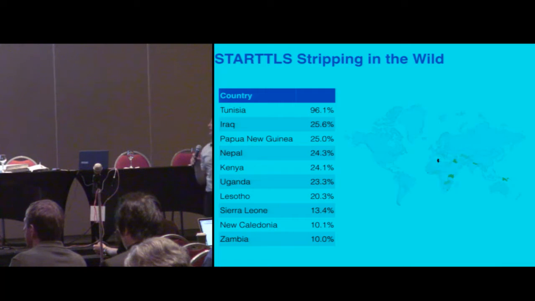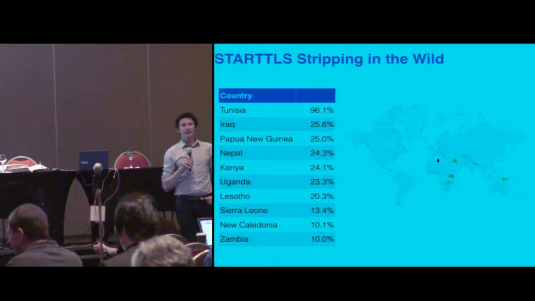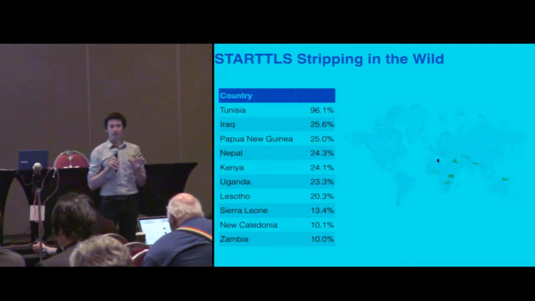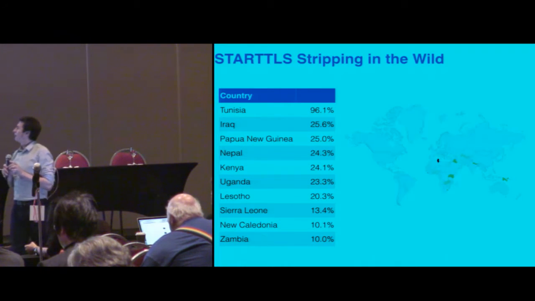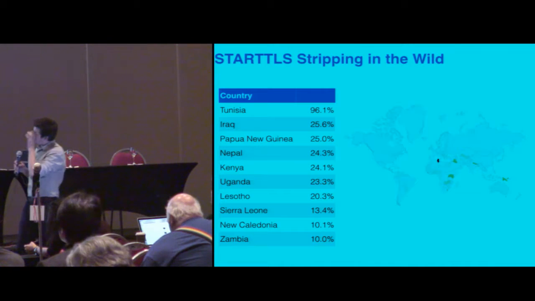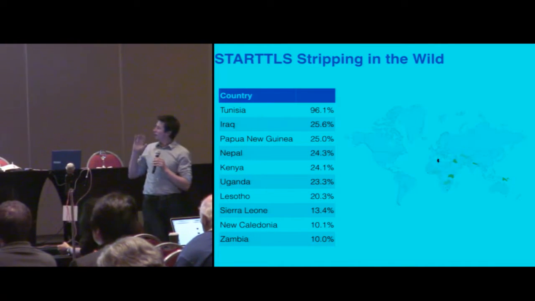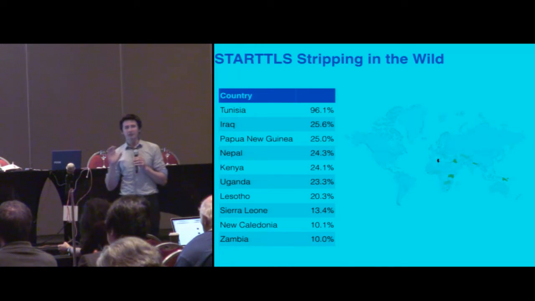So here's the percentage of mail that Gmail receives from each of these countries that is prevented from starting a STARTTLS connection by something between the two servers. The numbers here are surprising. In Tunisia, close to 100% of mail is not encrypted, and it shows this evidence of tampering.